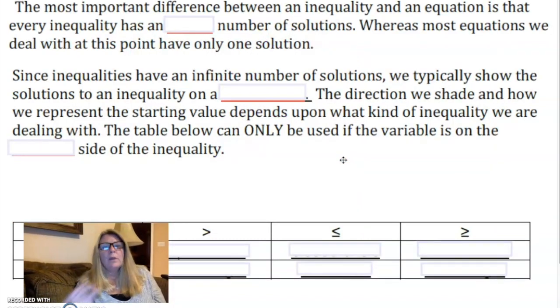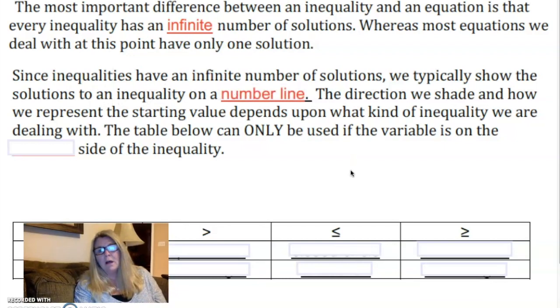The most important difference between an inequality and an equation is that every inequality has an infinite number of solutions, not just one. Most equations that you deal with have only one solution. Since inequalities have an infinite number of solutions, we typically show the solutions of an inequality on a number line. The direction we shade and how we represent the starting value depends on what kind of inequality symbol we are dealing with.